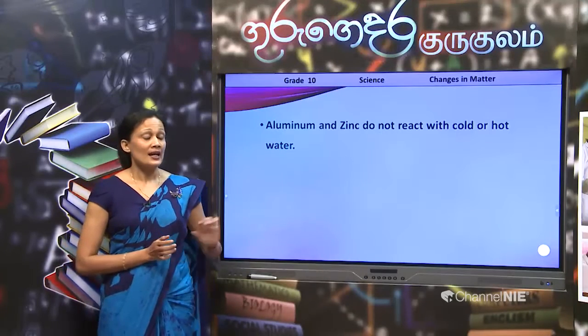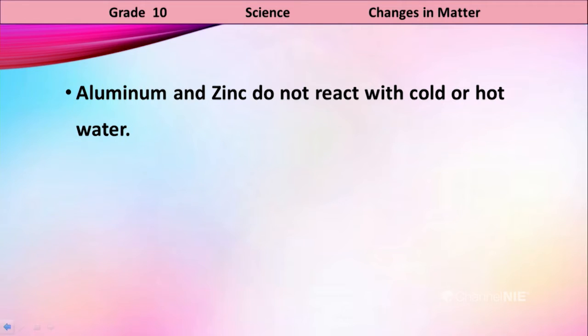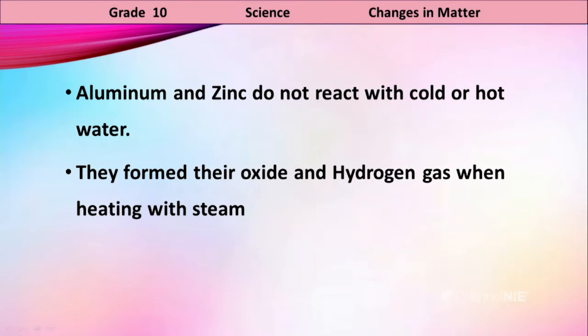Then aluminium and zinc do not react with cold water or hot water. They form their oxide and hydrogen gas when heated with steam. Look at this equation. When zinc reacts with steam, it forms zinc oxide and hydrogen gas.